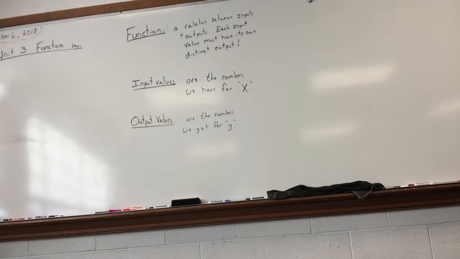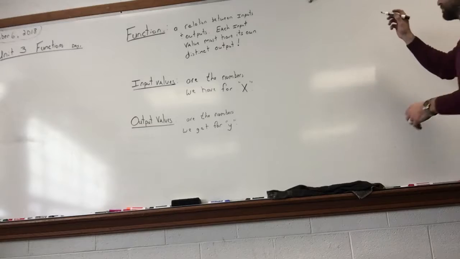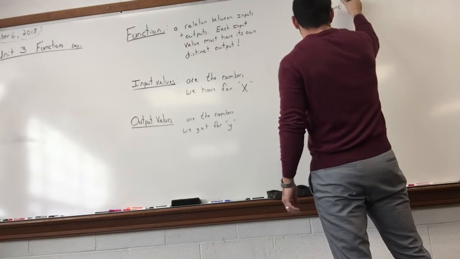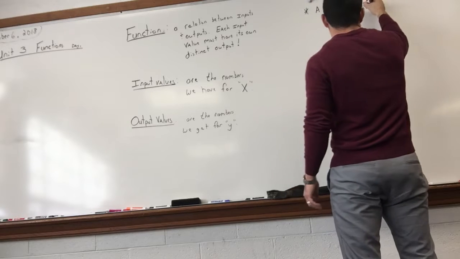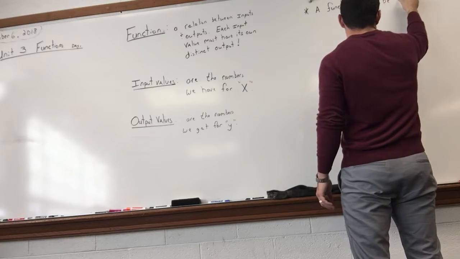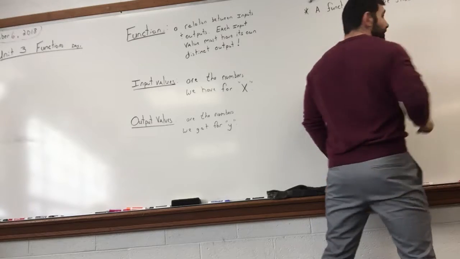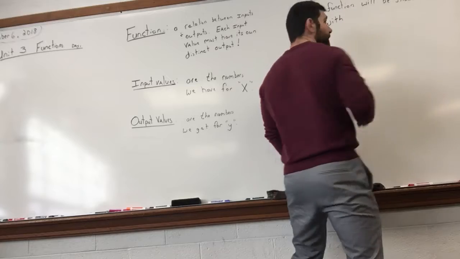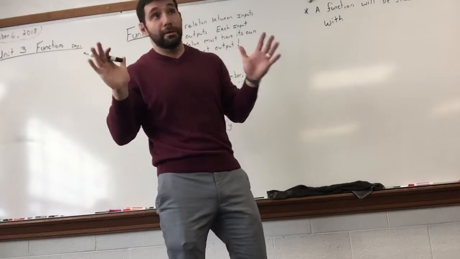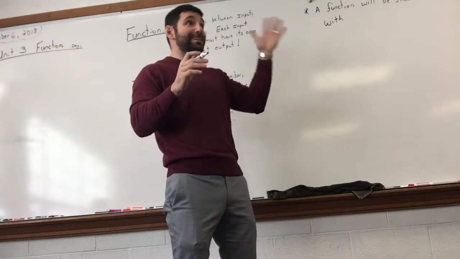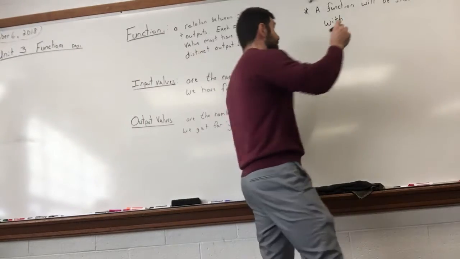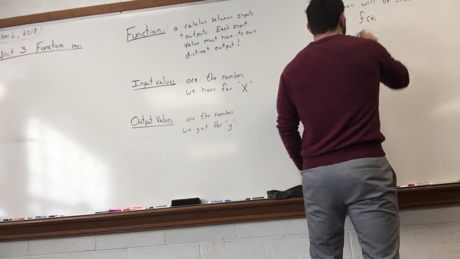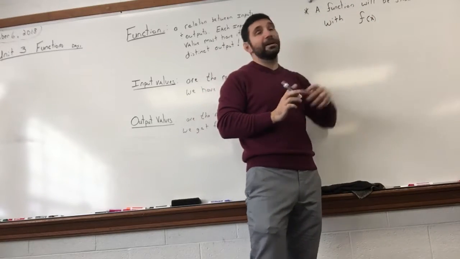So, a function will be shown with, and I don't know the best way to say it. I'm telling you right now, I don't know the best way to say it. You'll see a single letter and an X. The way that you'll see a function is with an italicized F and an X. We call this f of x.